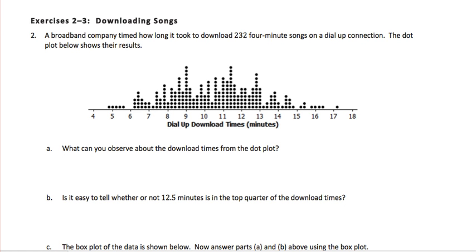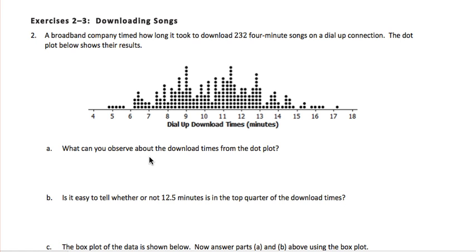In exercises 2 and 3, we're looking at a representation, a dot plot, about downloading songs. The broadband company timed how long it took to download 232 4-minute songs on a dial-up connection. The dot plot below shows their results.